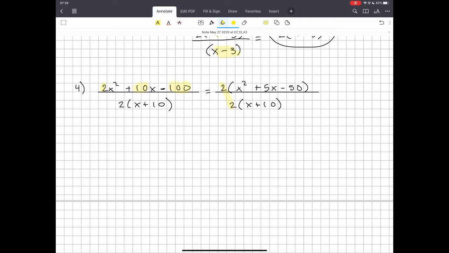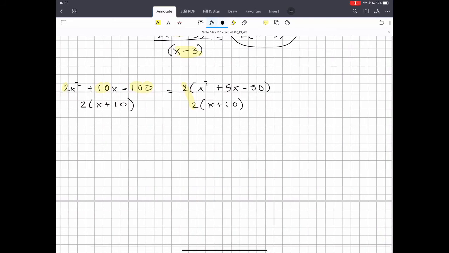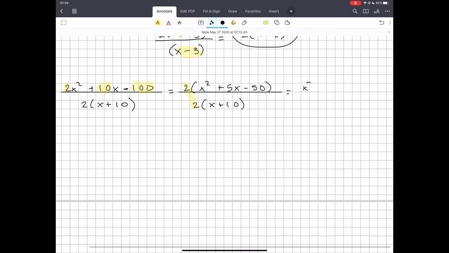So 2 divided by 2 is 1. So that leaves me with just x squared plus 5x minus 50 divided by x plus 10. And now we have to go ahead and factor the numerator.